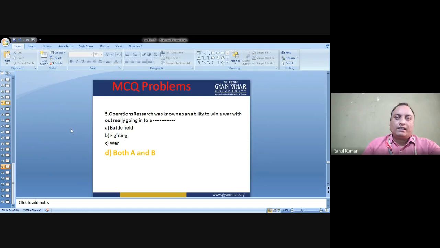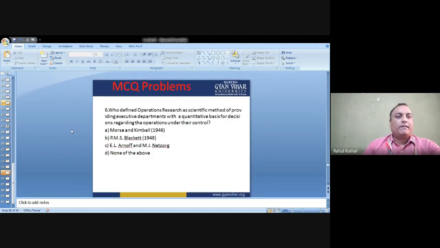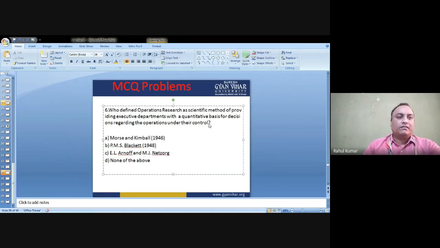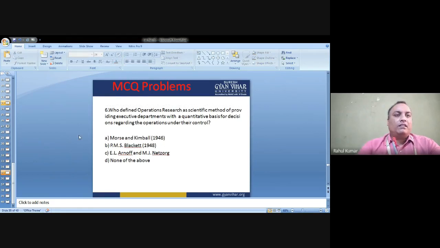Then move to the next question, question number 6. Who defined operations research as a scientific method of providing the executive department with a quantitative basis for decisions regarding the operations under their control?